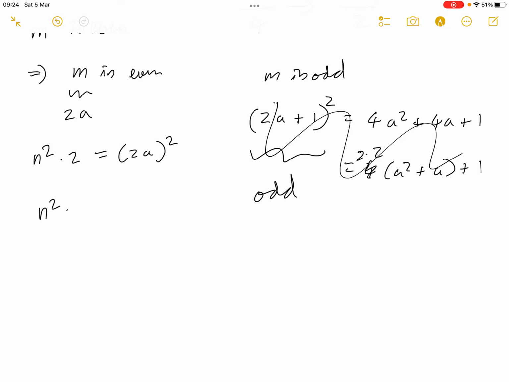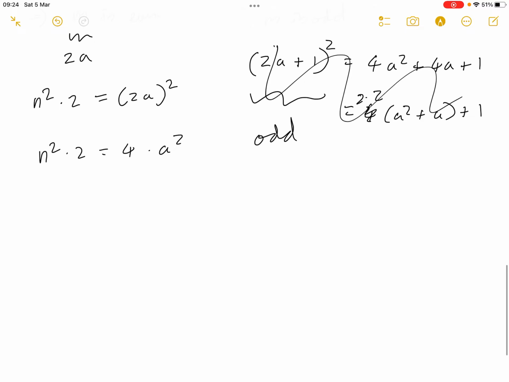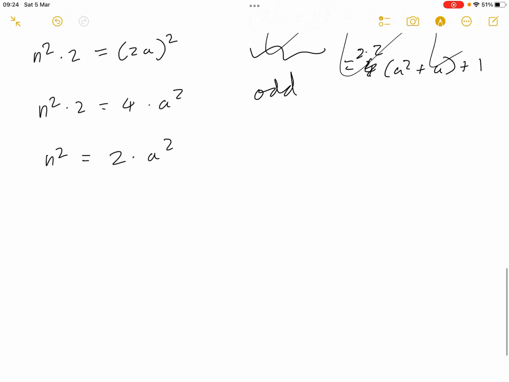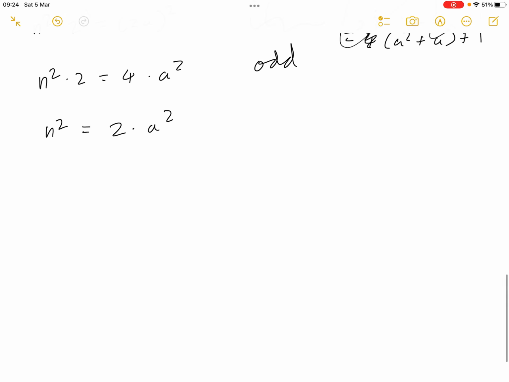And n squared times 2 is equal to 4 times a squared. That means that n squared is equal to 2 times a squared. We just cancel out the 2's on both sides. Well, that means that n squared is even. And following the same logic from before, we actually see that n is even.